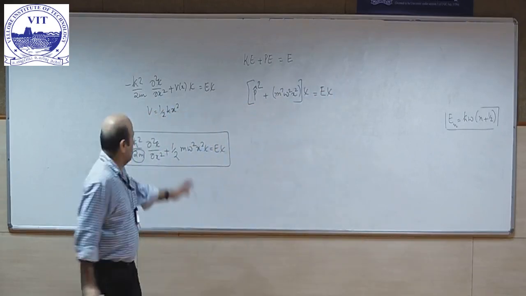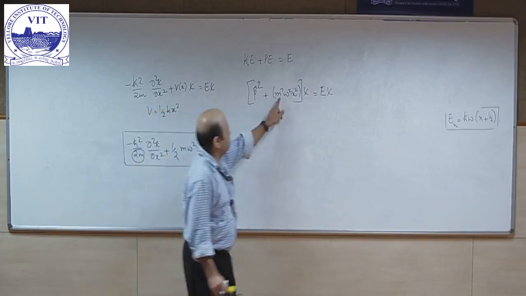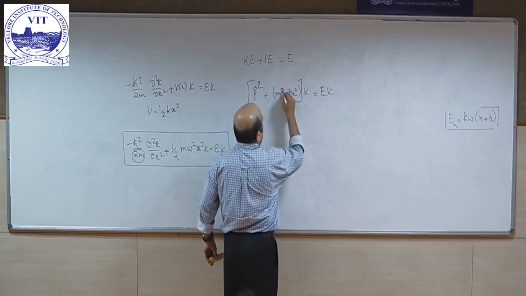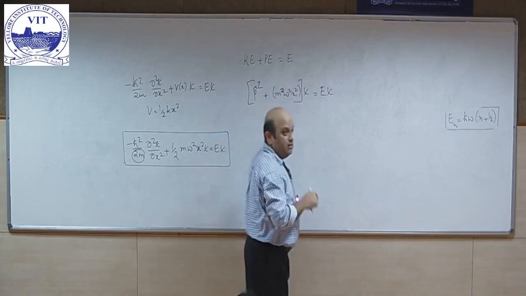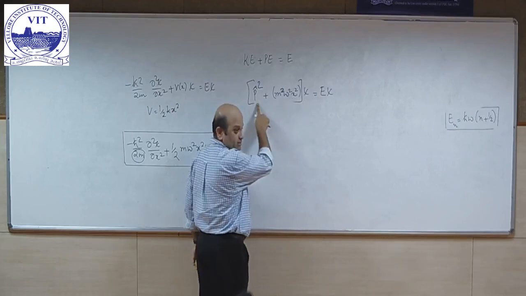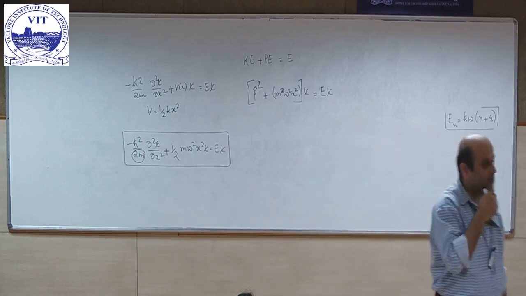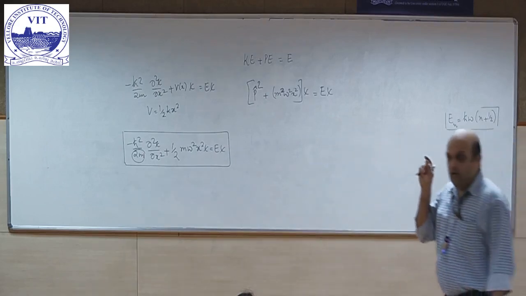I just multiplied by 2m, and you will get m square omega square x square. So this equation is now in terms of x and p operators, rather than a simple multiplication of momentum and position.